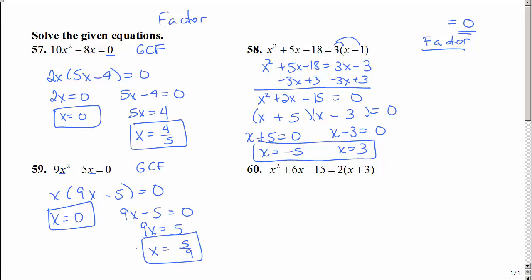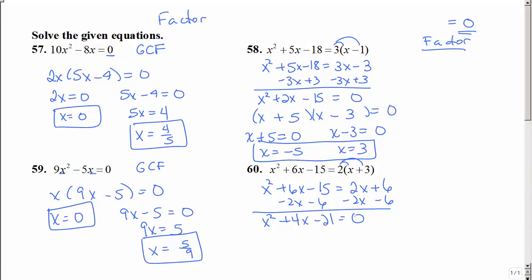Number 60 looks just like 58. So I need to distribute. Then I'm going to subtract 2x and subtract 6 from both sides. Again, getting that all-important 0 before I can factor, and that's because of the zero product property.